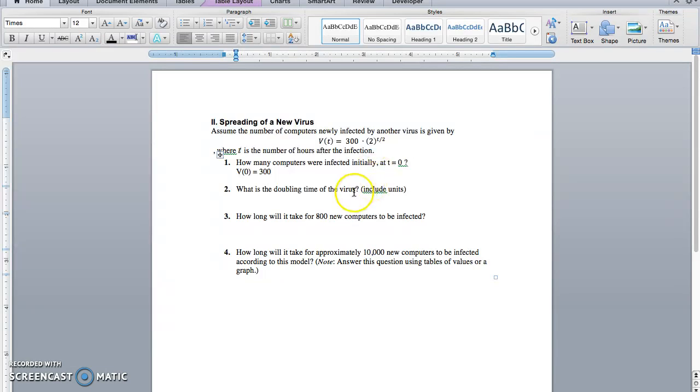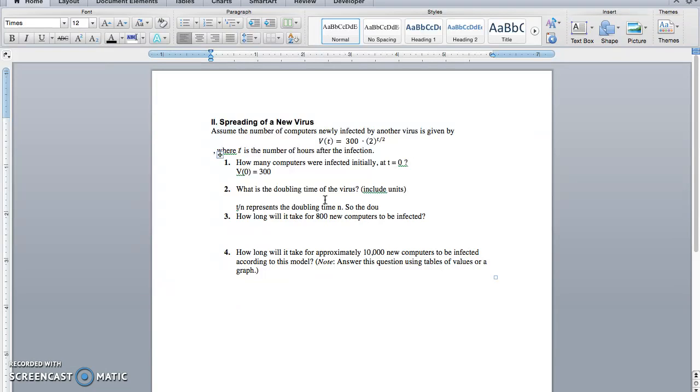With the doubling time of the virus, which is the next question, we are asking you to recognize that this part of the equation with the t over 2 is part of the equation for a doubling time formula where the t divided by n represents the doubling time n.